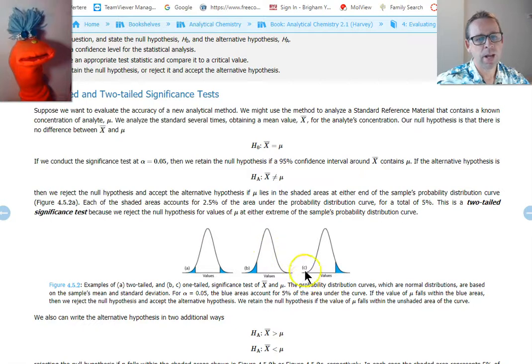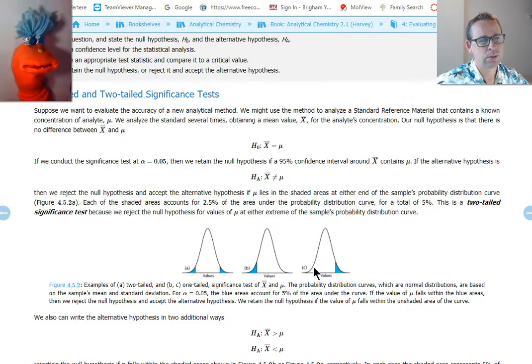All right. Now, we had two examples that we talked about before. Do you remember our two examples? Oh, you mean the mercury in the water and testing to see if your new method was good or not? That's right. Which one of those do you think is a one-tailed test?